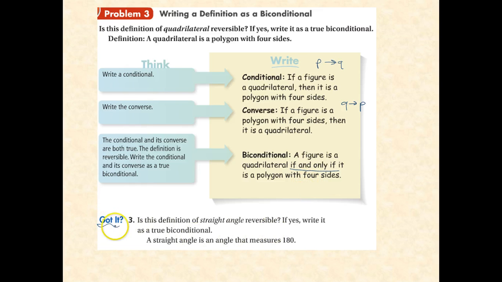So, number 3. Is this definition of straight angle reversible? If yes, write it as a true biconditional. A straight angle is an angle that measures 180 degrees. Alright, so what would our conditional look like?